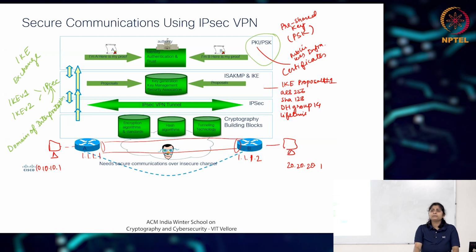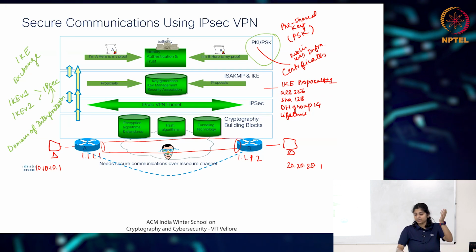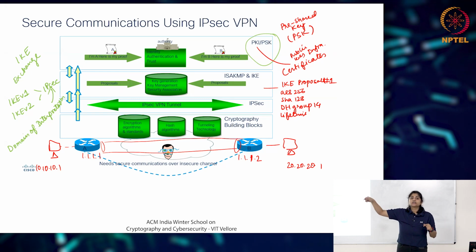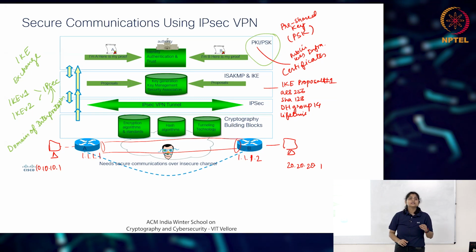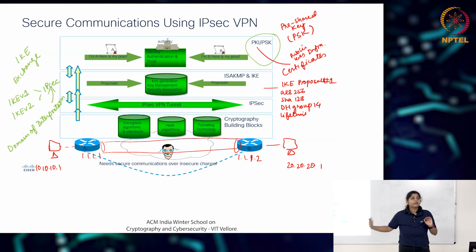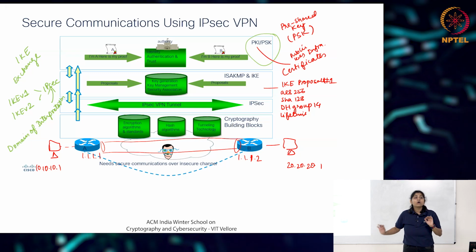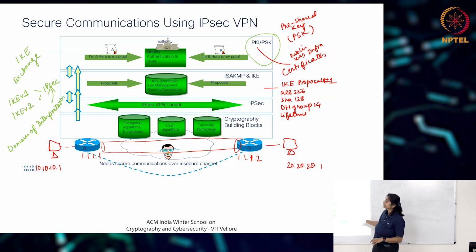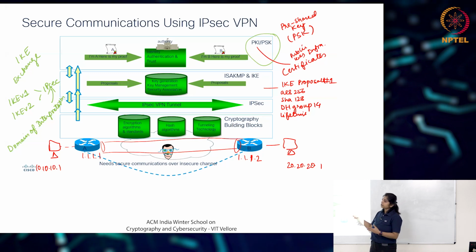You can choose to keep any. We read ACLs yesterday. There is any, there is source and destination, specific, extended ACLs, right? So we mainly use extended ACLs for this purpose, because we want to know which source is talking to which destination. We don't want all the traffic to go through the tunnel. If you want, you can.